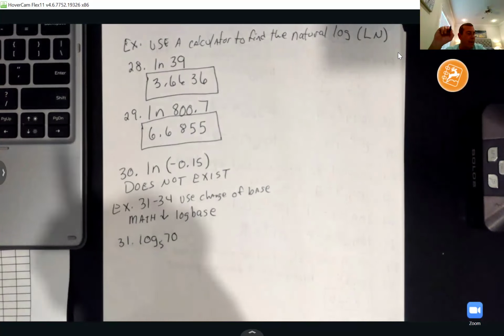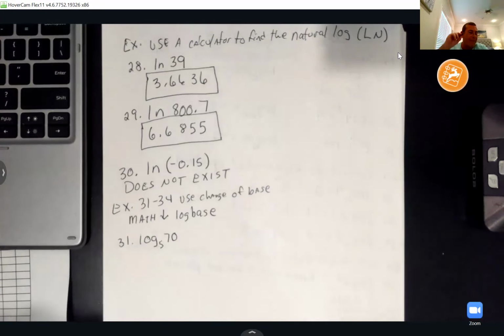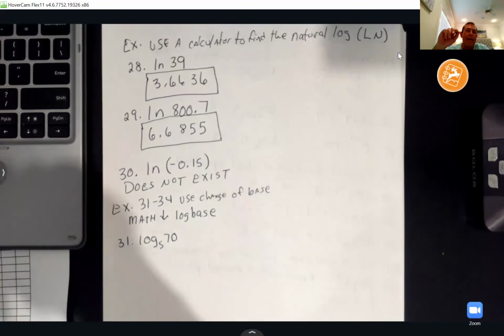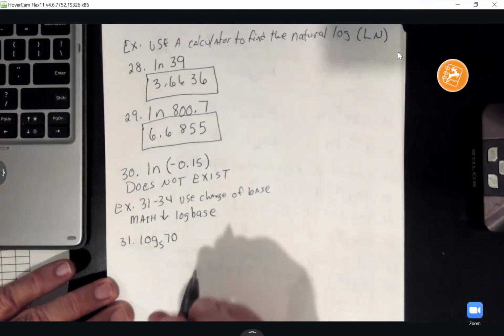Okay, so you're going to, oh, did someone get it? So y'all hit math, scroll down and get the log base and put that in as a 5 and a 70. Round me to 4 decimal places.